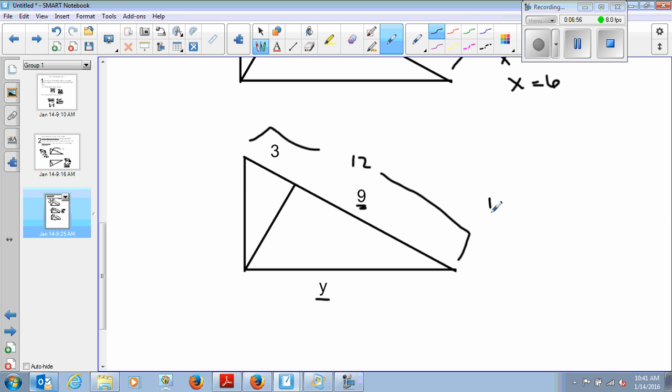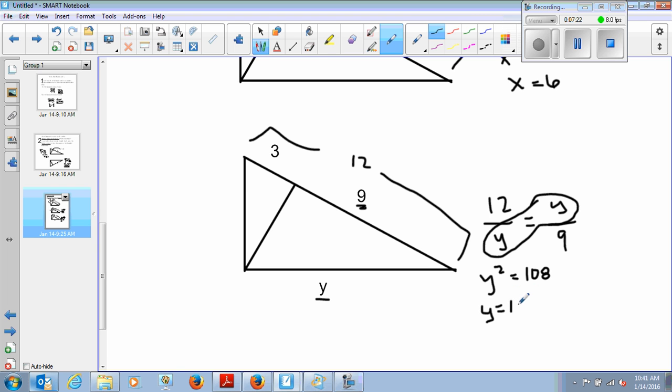So again, y is the geometric mean of the whole hypotenuse and the part of it that's closest to that leg. So we cross multiply. y times y is y squared. 12 times 9 is 108. And we take the square root of 108, and we get 10.4 for y.